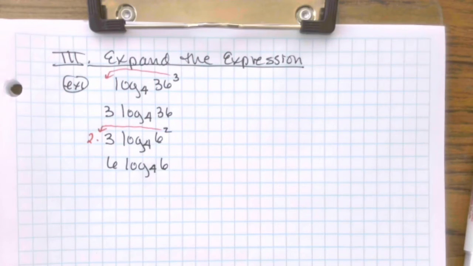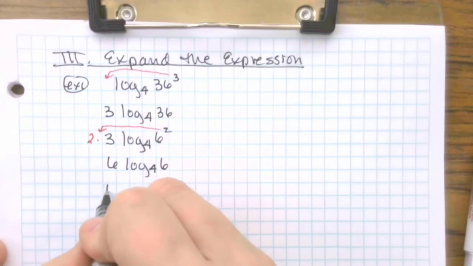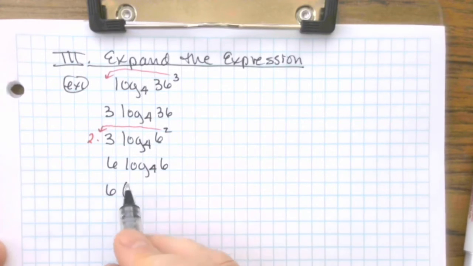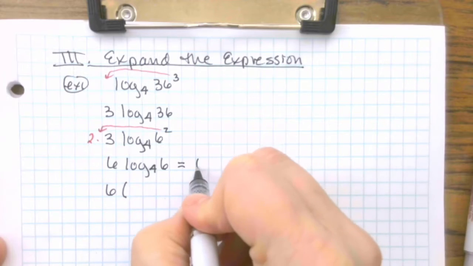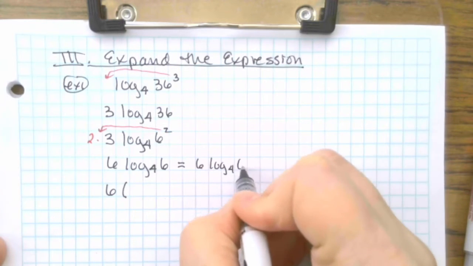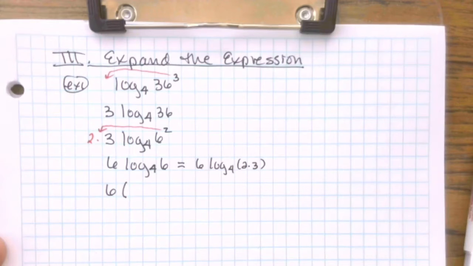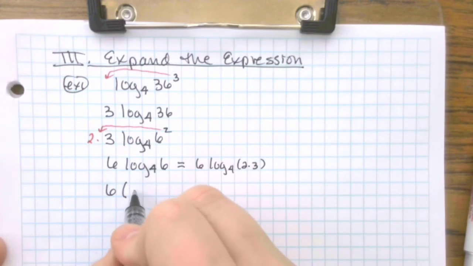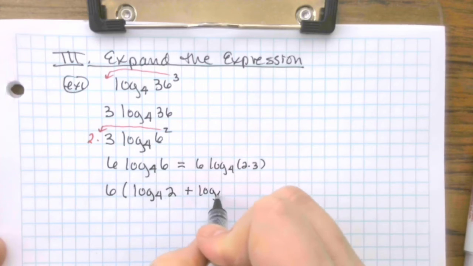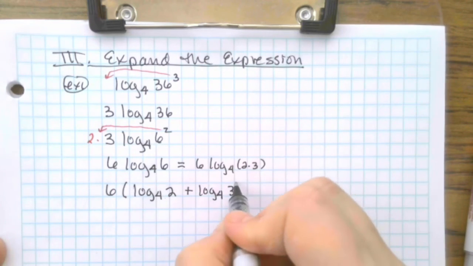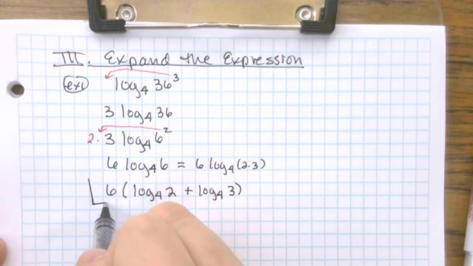Now we're going to use our addition property for expansion. And the 6 is equal to 2 times 3. So we're going to expand that. So put the 6 on the outside. Log base 4 of 2 plus log base 4 of 3. And that would be your expanded form.